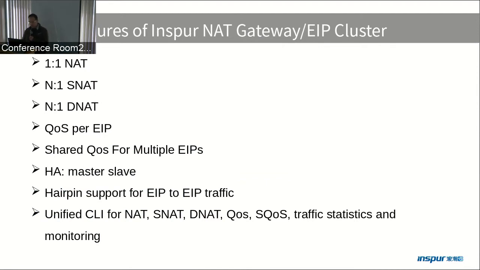We can support HA. It runs in master-slave mode. We also can support hairpin traffic. Hairpin traffic means EIP to EIP traffic. For that traffic, the NAT gateway can handle this. We provide a unified command line interface for all these features.